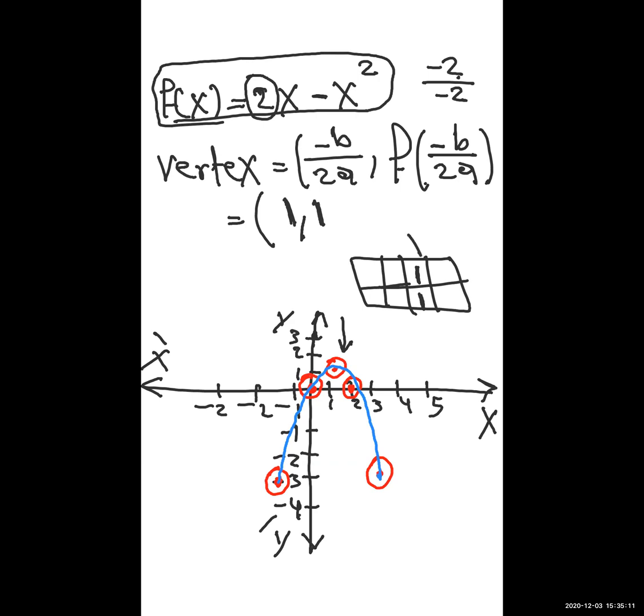So now this one becomes f of 1, right? Right. Because the value of negative b over 2a equals 1. So f of 1 from the table equals 1, or I can get it directly. So 1 and 1. This is the vertex point of the curve.